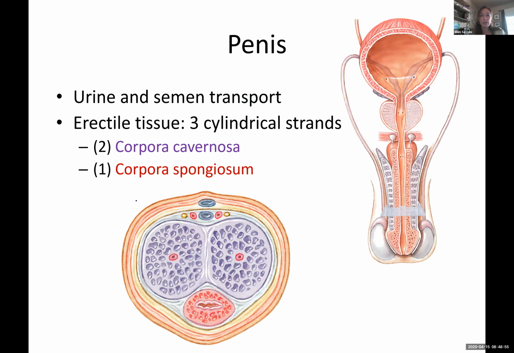So finally, the penis. It's urine and semen transport. Most men don't like this: if you cut a penis right across the way, although that's what it looks like. Now, I'm trying not to be really immature, but it does look like a face, so sorry.